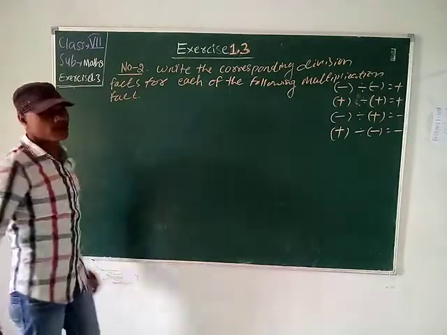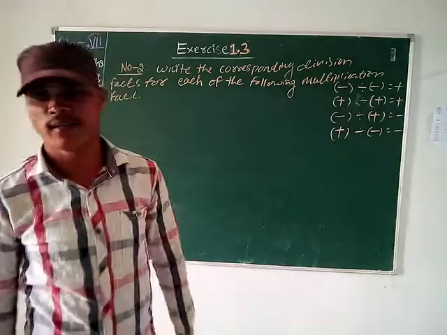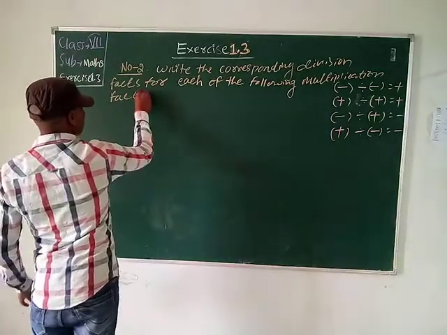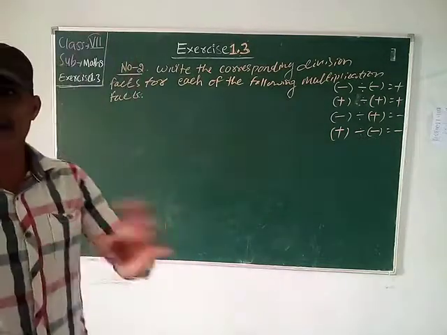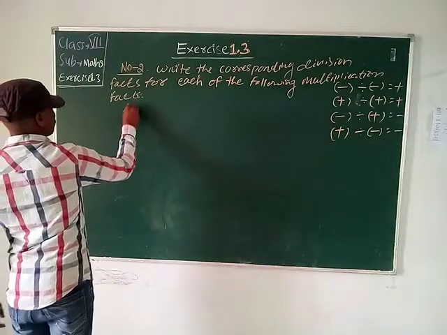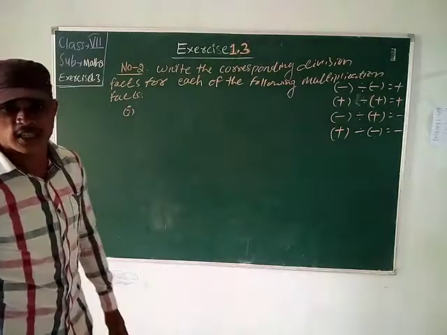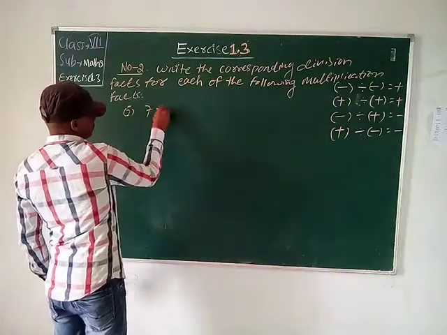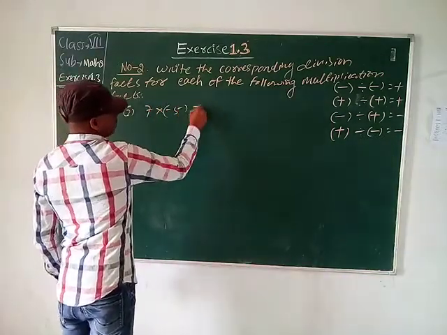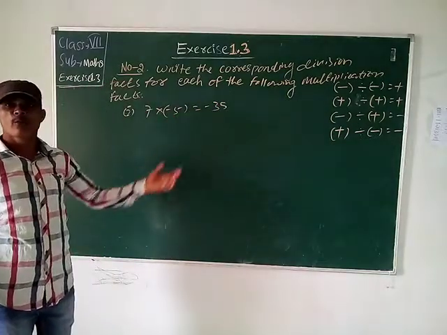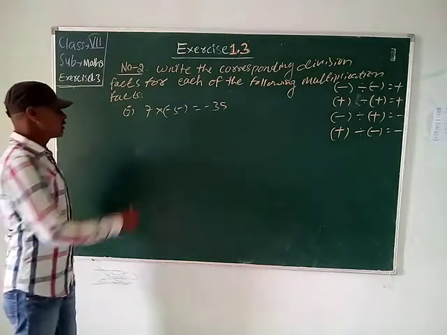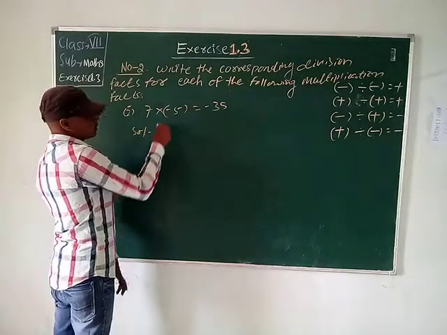That means multiplication facts are given. We change them into division facts. How can you change multiplication into division? See, question 1. First question is here: 7 into minus 5 equals minus 35. It is a multiplication fact. When we convert into division facts, then the solution is what here?